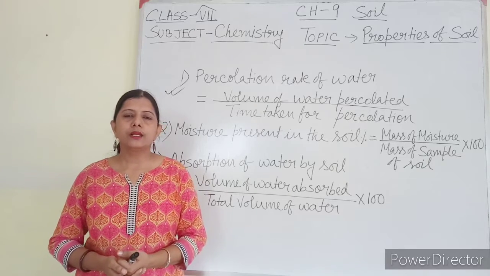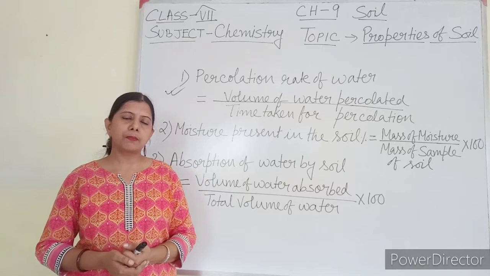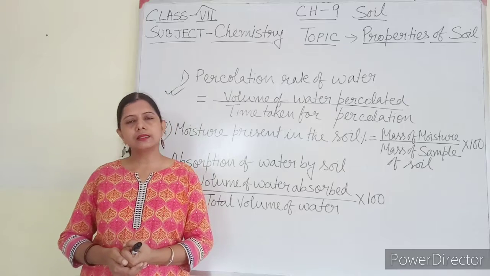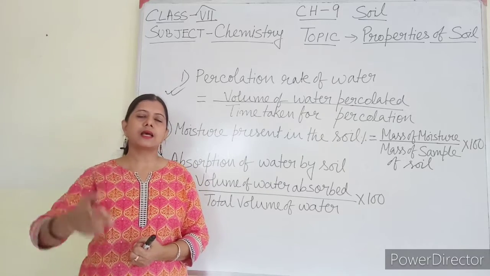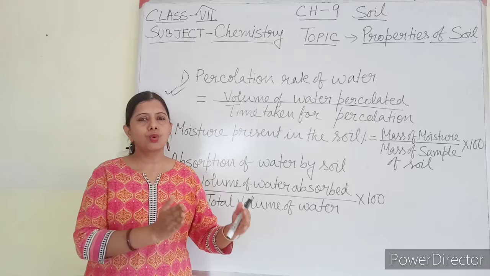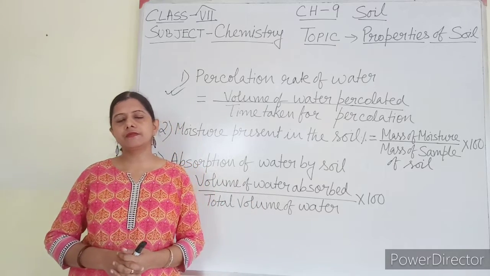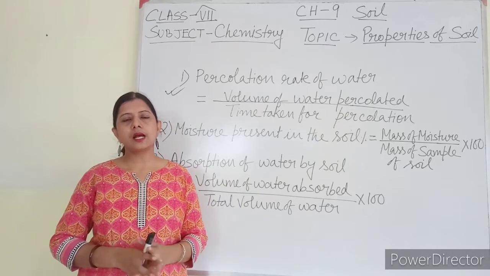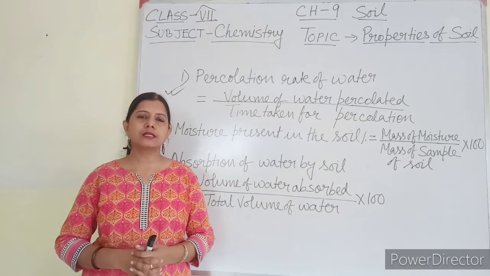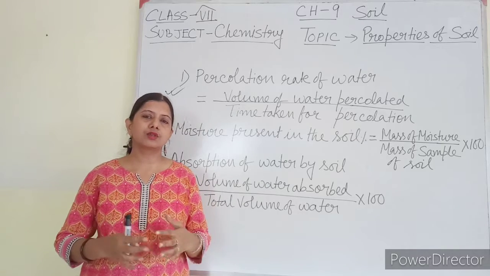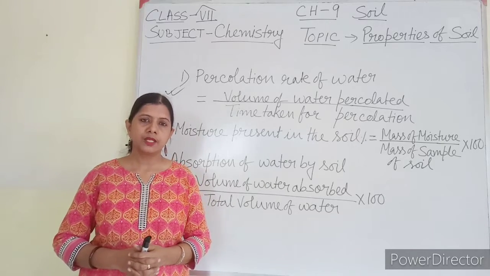the soil. When you heat the soil, what will happen? The moisture present in the soil will be released as water vapor. So only dry soil will be left behind. You have to wait until the whole soil becomes dry and lighter in color.